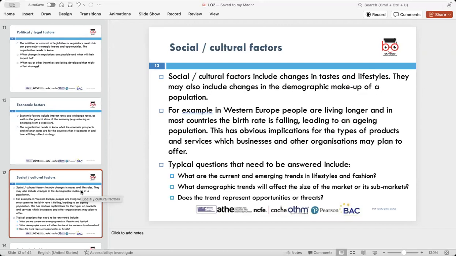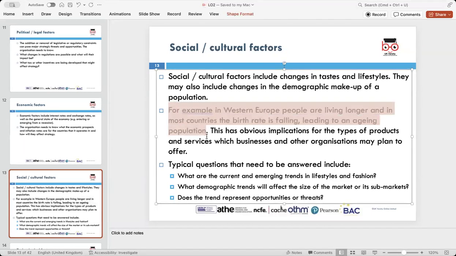Then social and cultural factors. The category of social and cultural elements encompasses alterations in preferences and ways of living. It also includes shifts in the demographic composition of populations.